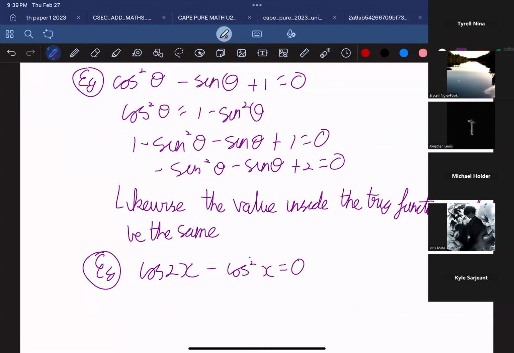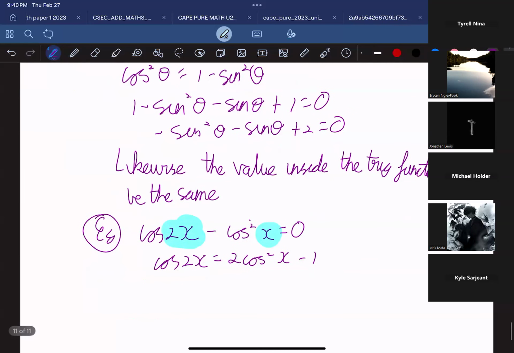What I mean by the value inside having to be the same: notice this thing here and this thing here aren't the same. So you have to convert; cos 2x is 2 cos squared x minus 1. So it becomes 2 cos squared x minus 1 minus cos squared x equal to 0. So you get cos squared x minus 1 equal to 0, and you could solve that.